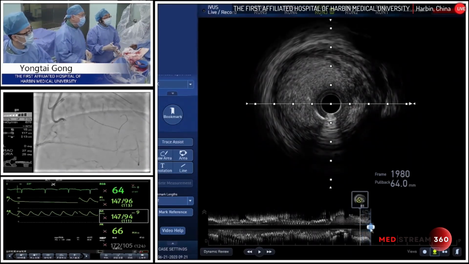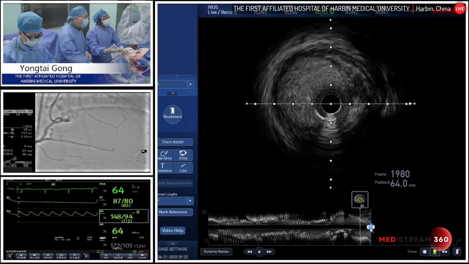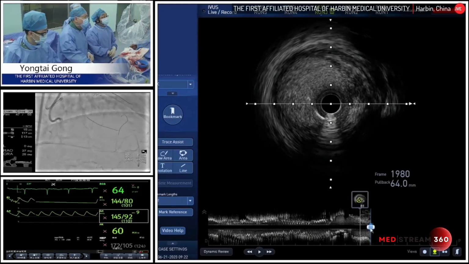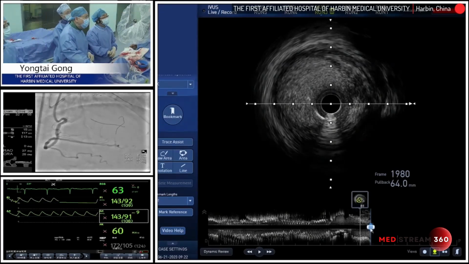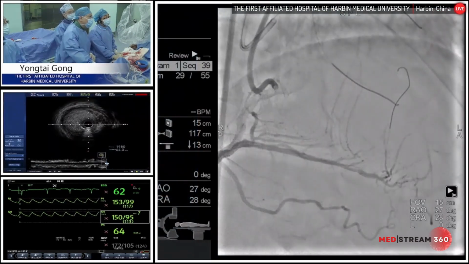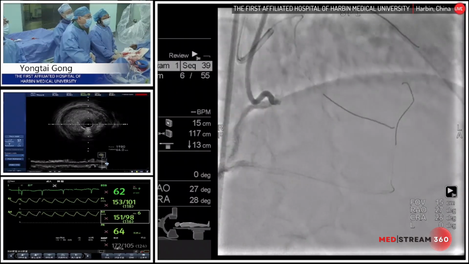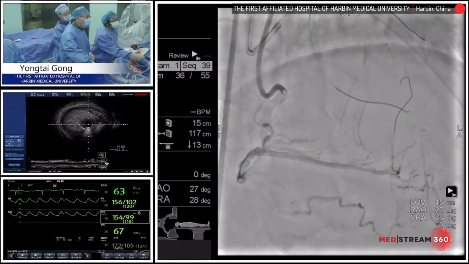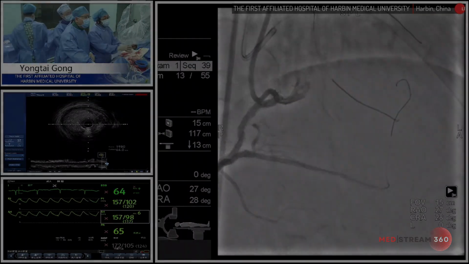And also, we can see that during the retrograde approach, we know that wire upgoing is of key importance, and we can see that Professor Gong has managed to cross the most tortuous part of the septal branch.